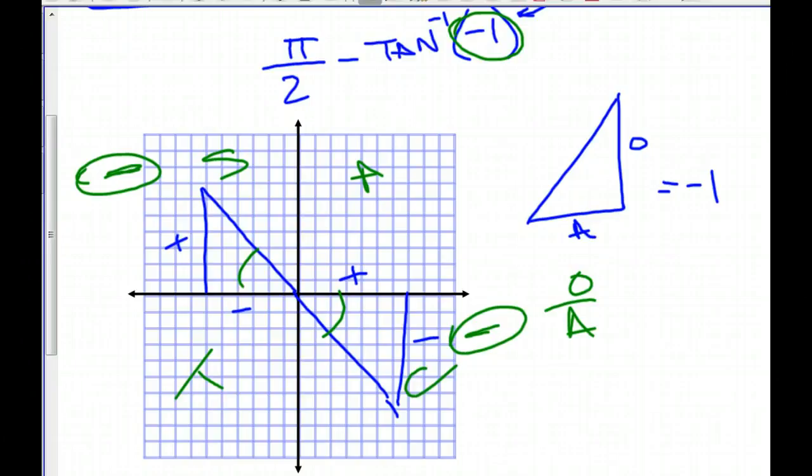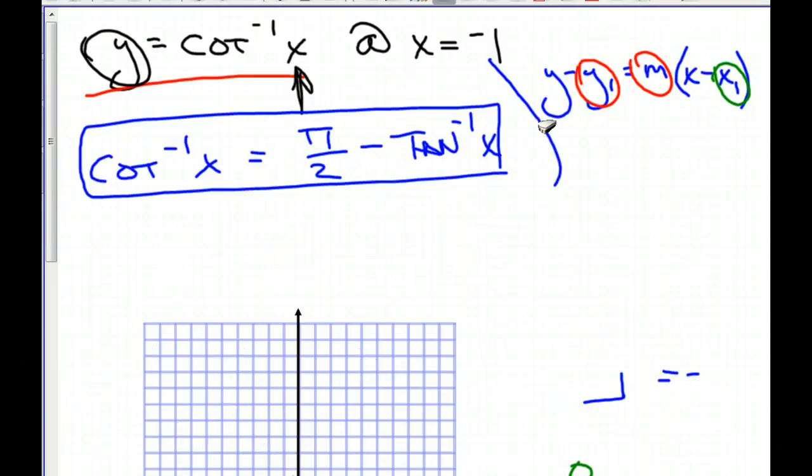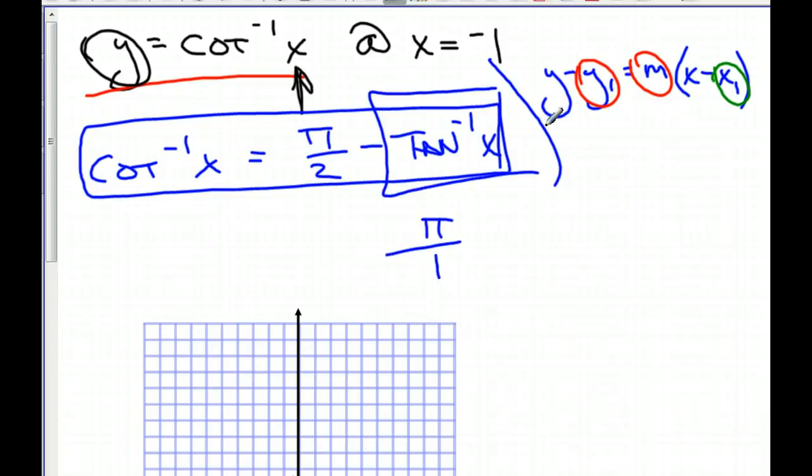So, what is 45 degrees? Let's get rid of some of this. What is 45 degrees in radians? Okay. So I know this whole thing here is pi over 4. That's all I was trying to figure out there.